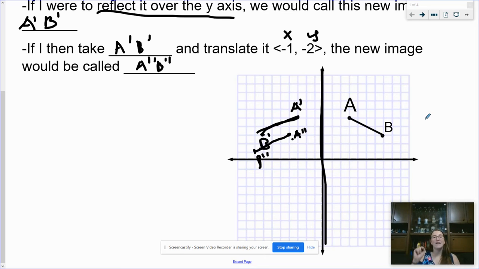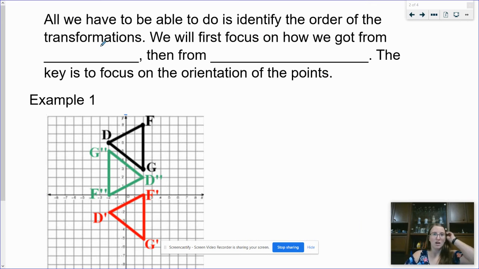So you're not going to have to perform these transformations. You actually are just going to have to identify them. But I just wanted to show you that's how these happen. We're going to end up with 3 images, the original, the one after one transformation, and then the next one after the next transformation. Now, again, all we're going to have to identify is what happened first and what happened second.